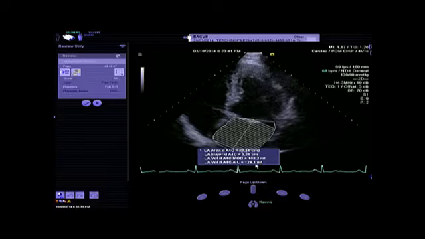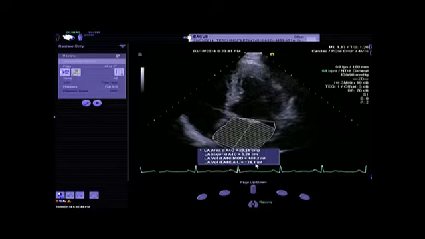And when we calculate, the indexed value is greater than 40 milliliter per meter square, this means that it is a severe dilatation. A cutoff greater than 40 is associated with some morbidity, and if it is more than 60 milliliter per meter square, it is associated with the occurrence also of cardiac death.